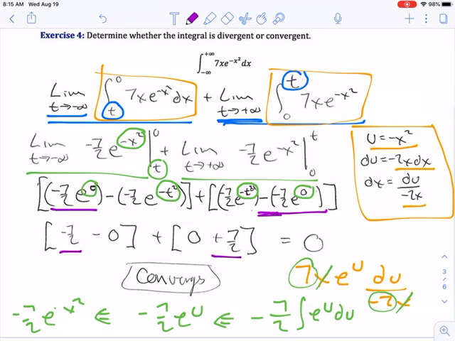Now this part, if t is approaching, what is t approaching? Negative infinity. Well, we're squaring t. So negative infinity, the way I like to think of it is, what if I take negative infinity and I square it? What's negative infinity times a negative infinity? Well, negative times negative is a positive. Infinity times infinity is infinity, right?